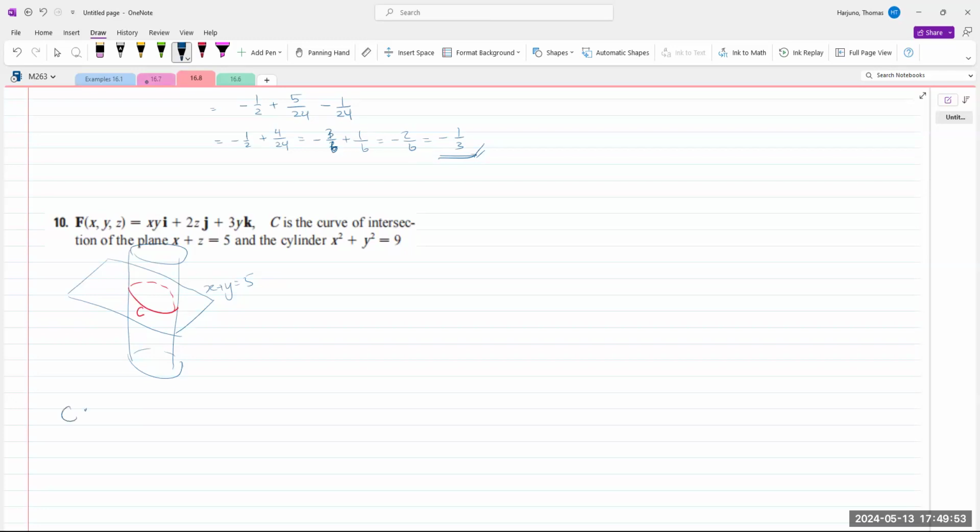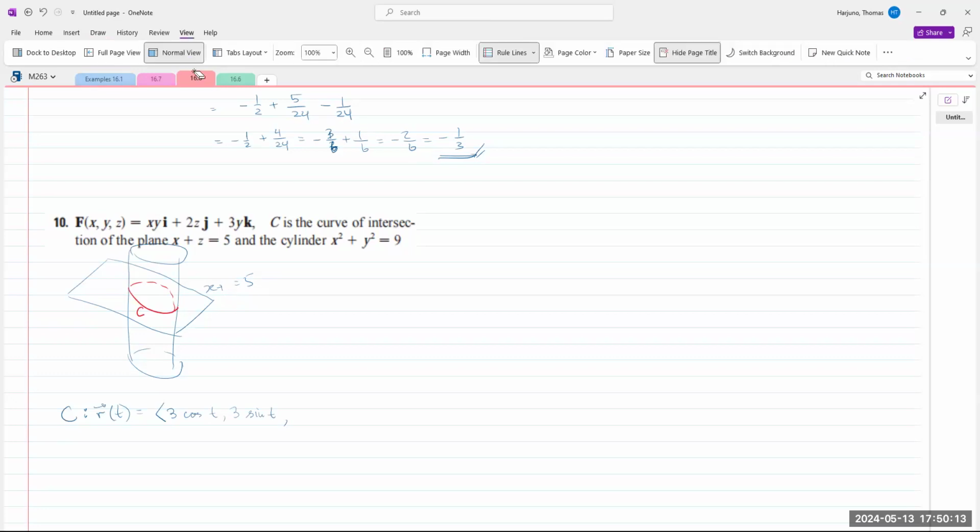So C is r(t) on the xy plane. On xy, that's a circle with radius 3, so 3 cosine t, 3 sine t. x plus z equals 5, I'm sorry, that's the surface, by the way.